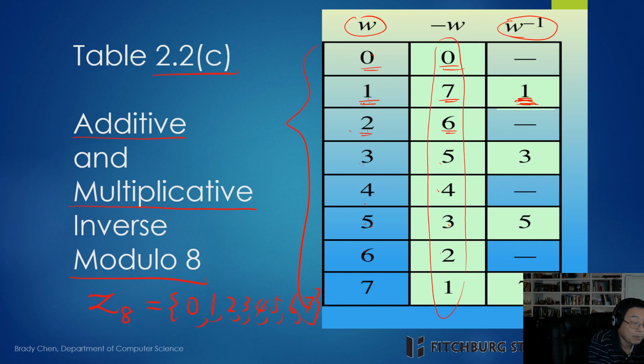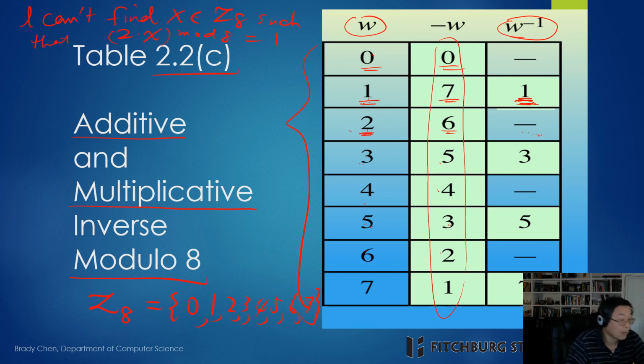Now, for number 2, there is no multiplicative inverse modulo 8 because I can't find an x in Z8 such that 2 times x modulo 8 is 1.